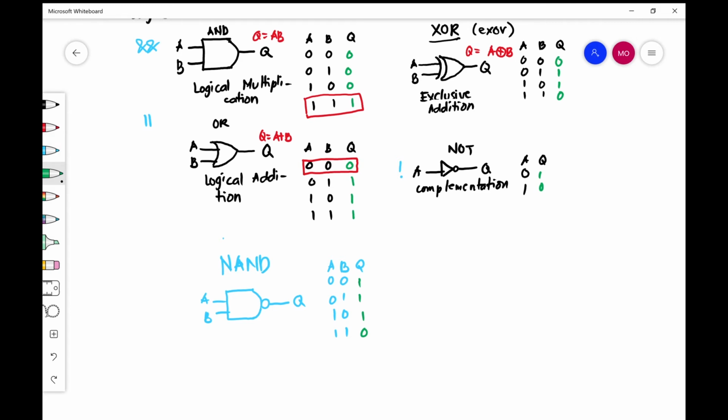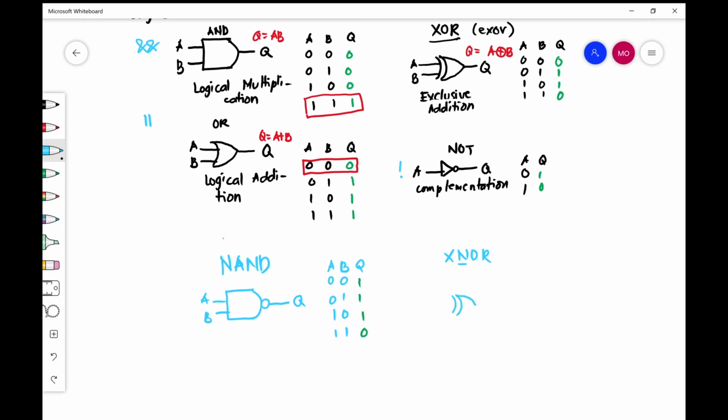Let's jump to XNOR so that you can compare XOR and XNOR. Take note of the N comes after the X letter and the exclusive OR symbol.